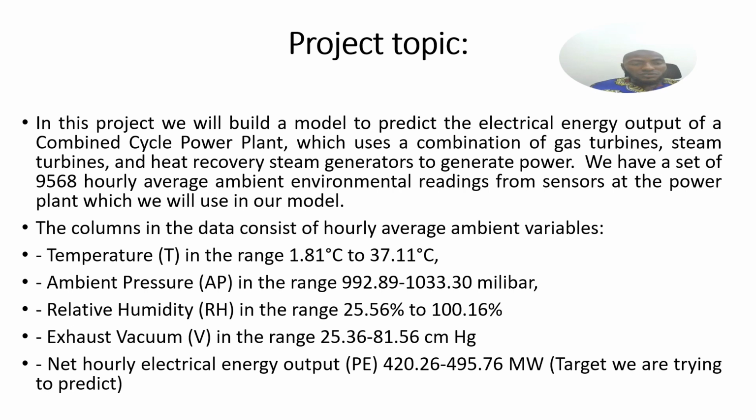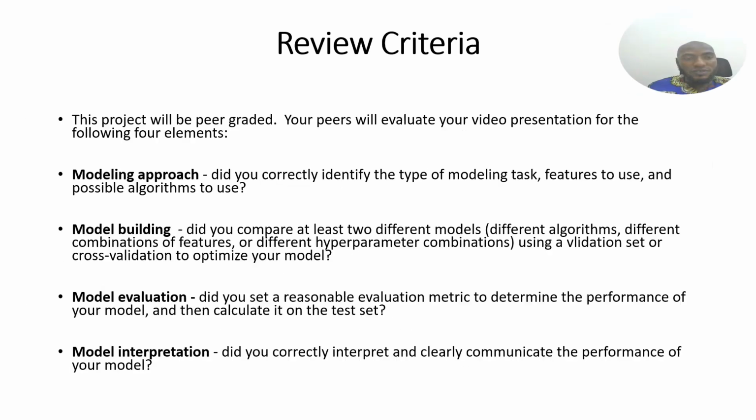We have temperature, AT, ambient pressure, AP, relative humidity, RH, exhaust vacuum, V, and net hourly electrical energy output, PE, with the range as shown in this video.